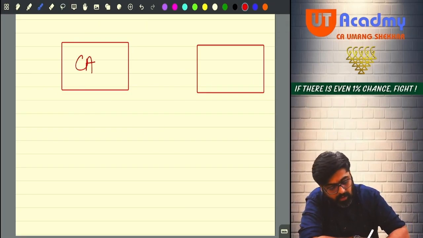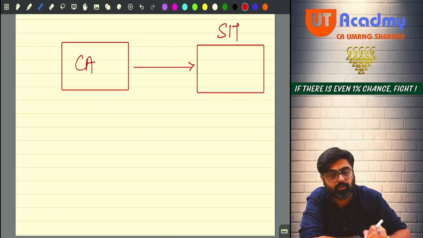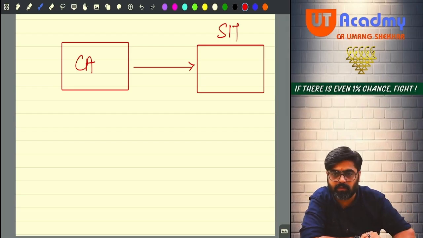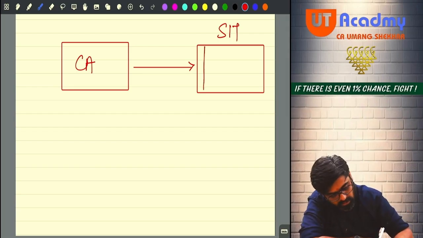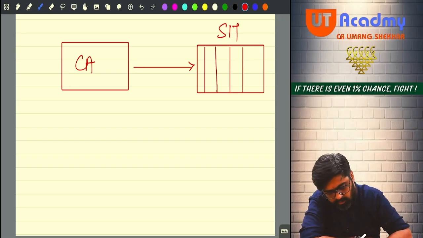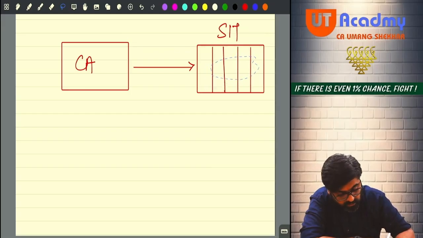Okay. Now you have converted this into stock in trade. So you should have sold it as it is. But what you did, you constructed 15 flats over it. So 1, 2, 3, 4 and 5. So what I will do, I will construct 15 flats over it.